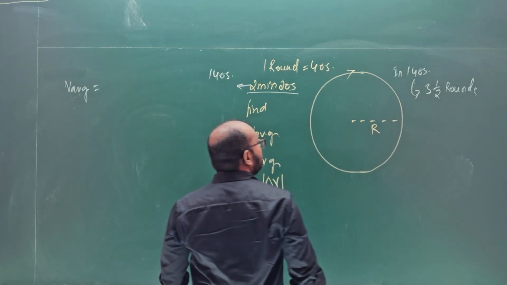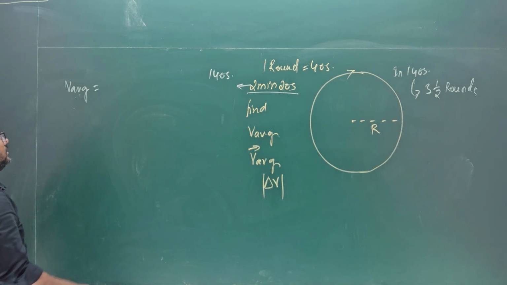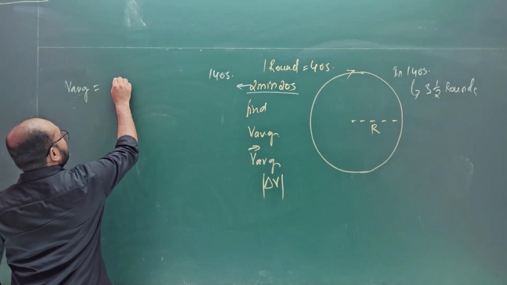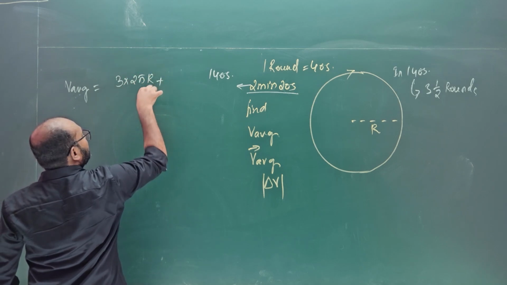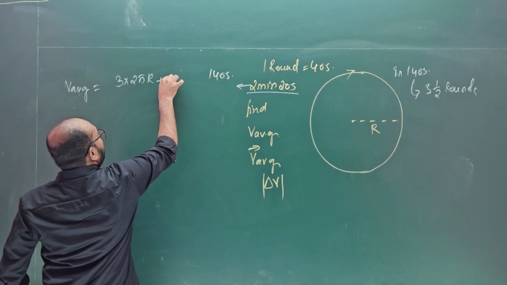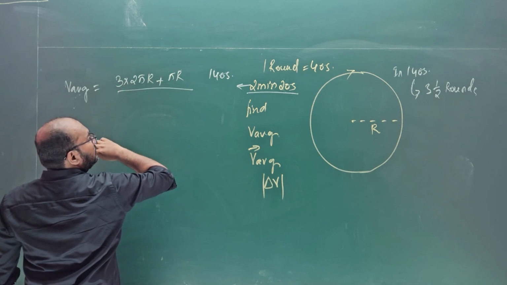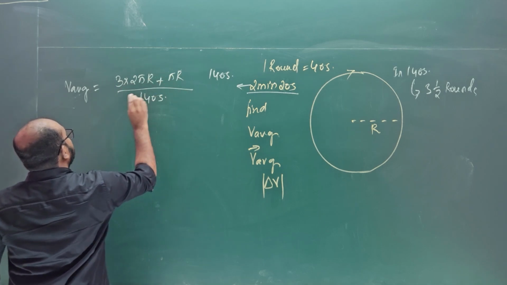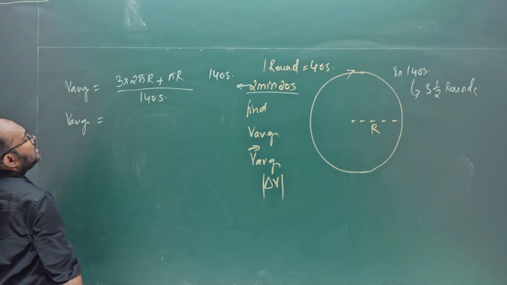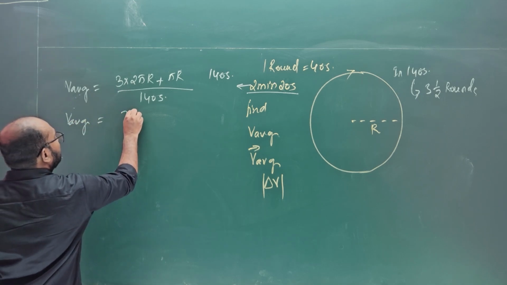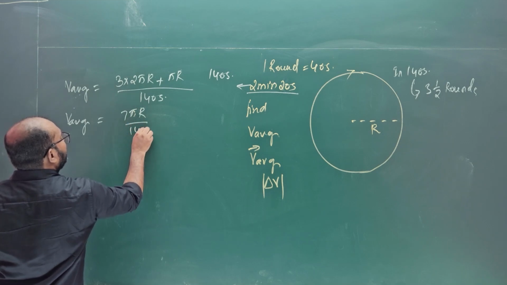One round is 2 pi r. Total distance is 3 rounds into 2 pi r plus half a round, that is pi r, upon total time 140 seconds. That means average speed becomes 7 pi r upon 140.